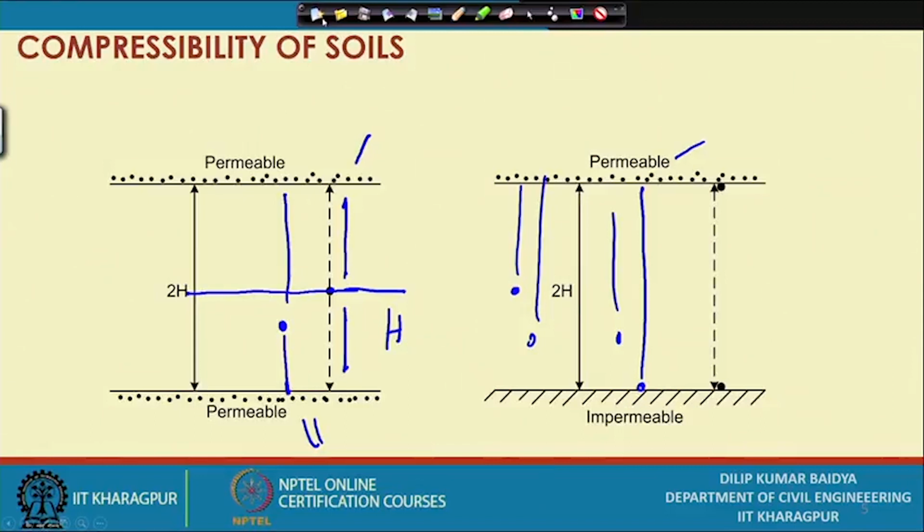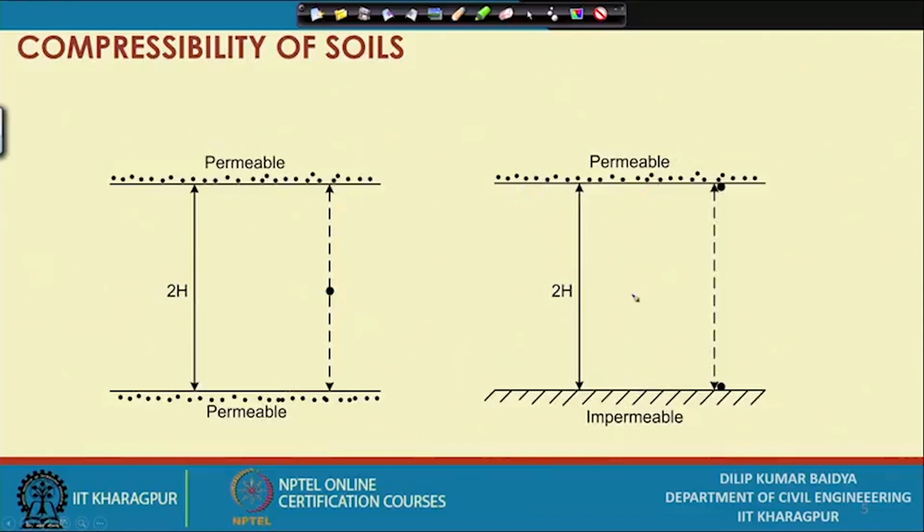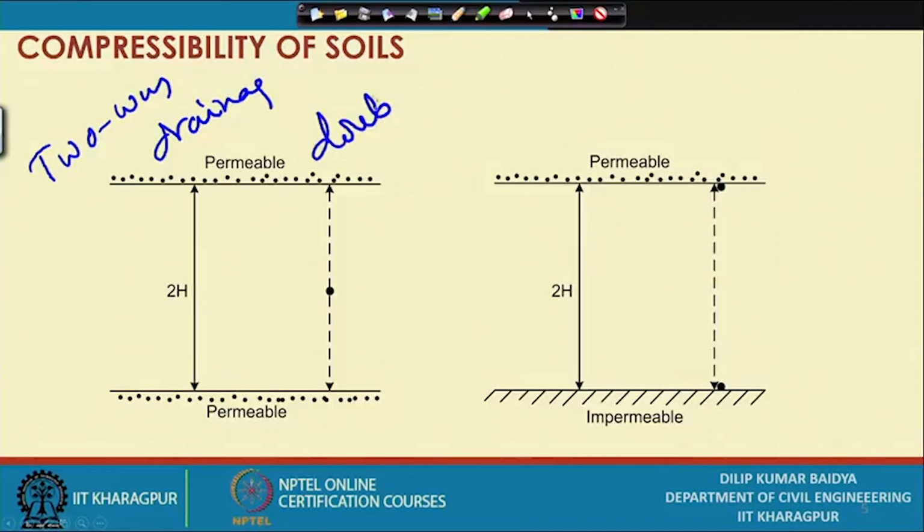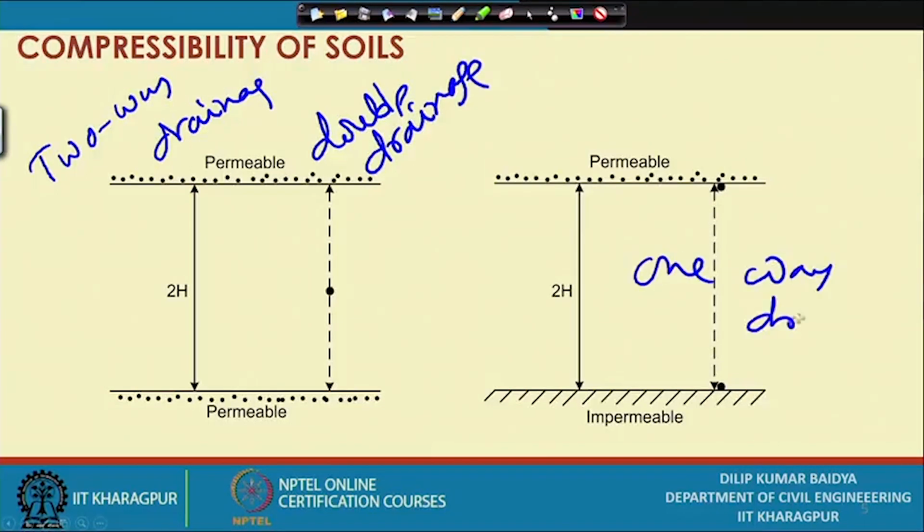So, these are the two schematic diagrams: two-way drainage, also called double drainage, and one-way drainage, sometimes called single drainage.